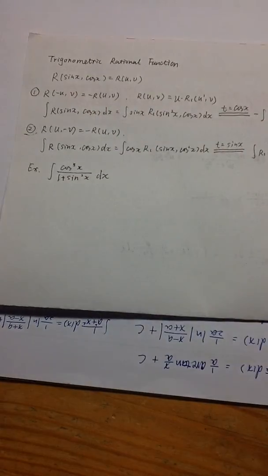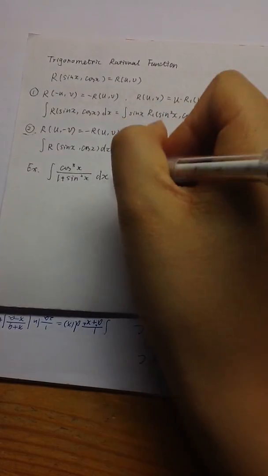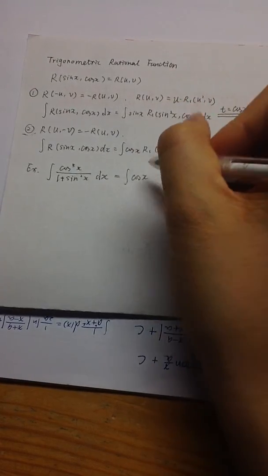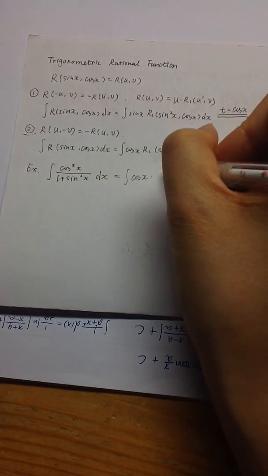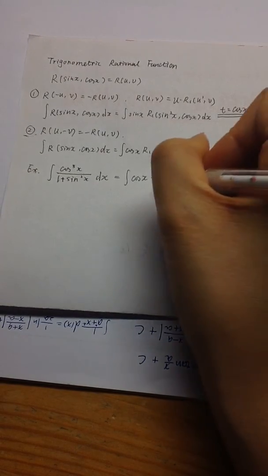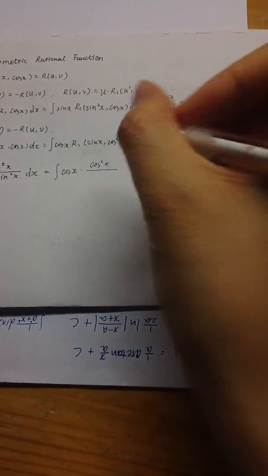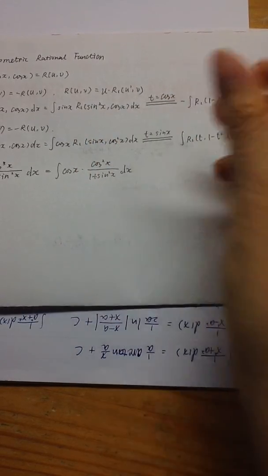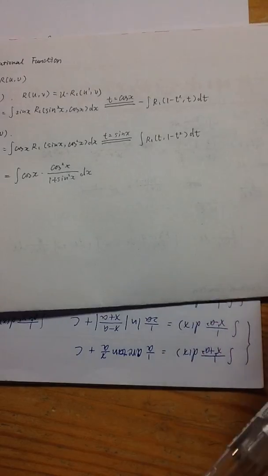Now we can take cosine x out of our odd function, so we get this.